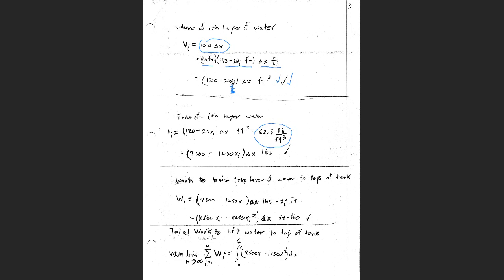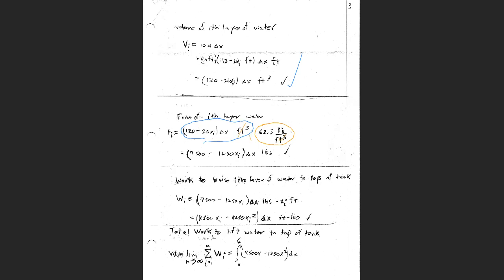So the force of the ith layer of water, my units have to be in pounds. So I'm going to take my volume of the ith layer of water, which I computed here, and multiply it by the weight of water, 62.5 pounds per 1 cubic foot.